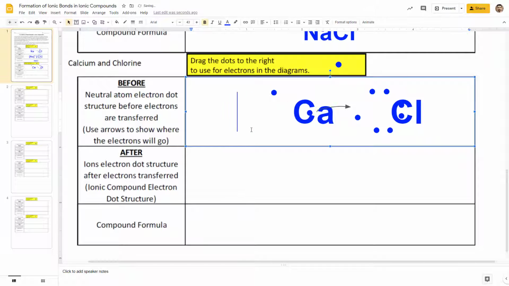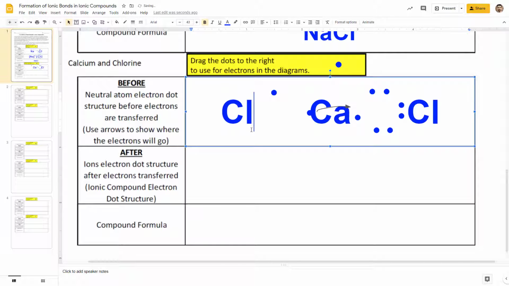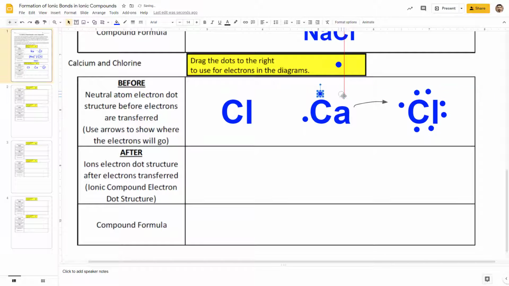I didn't do that before, but now we can make the dot structures of the ions.